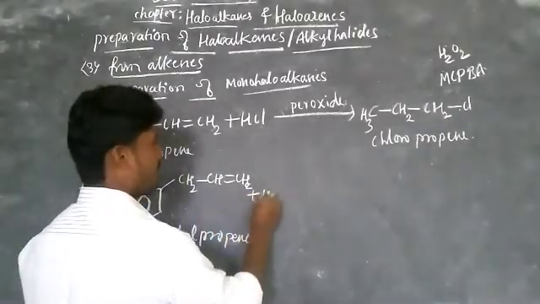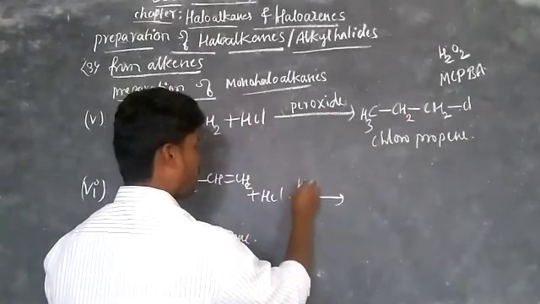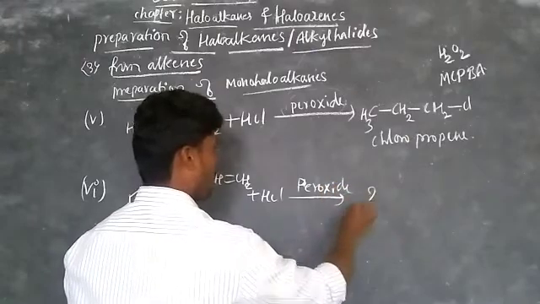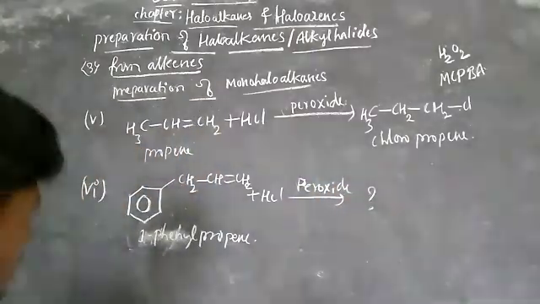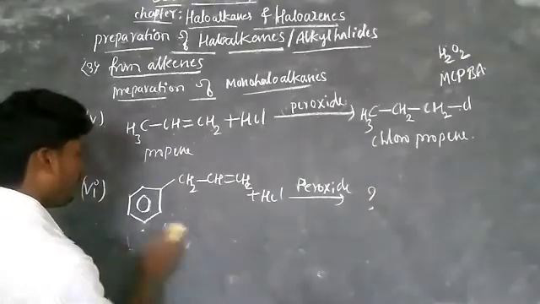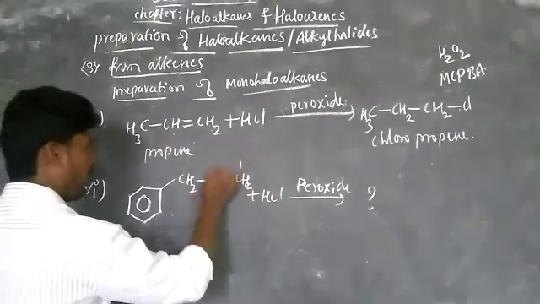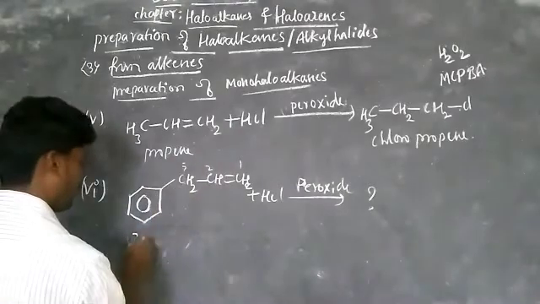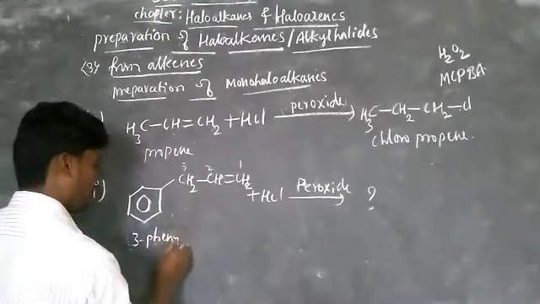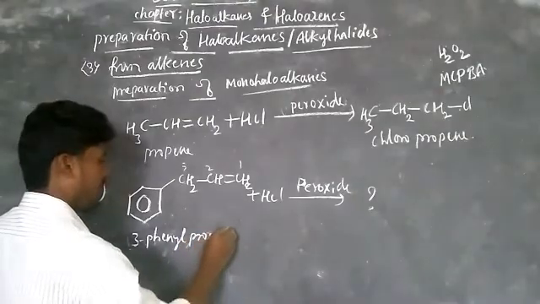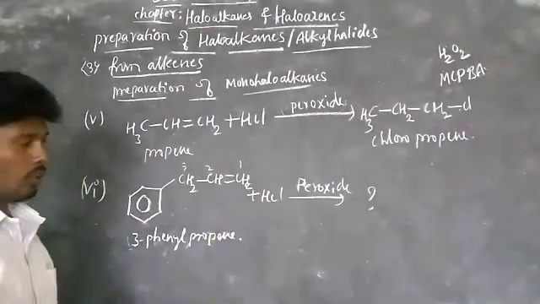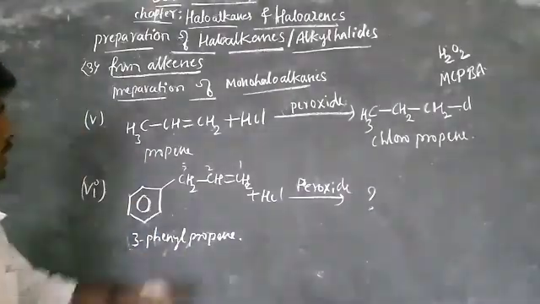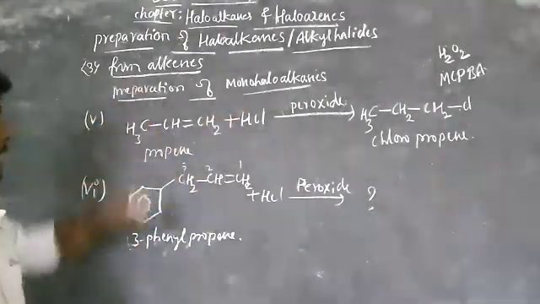It is treated with HCl in the presence of hydrogen peroxide, generally called peroxide. Predict the product you get and write its name. This is the method of preparation of monohaloalkanes from alkenes.